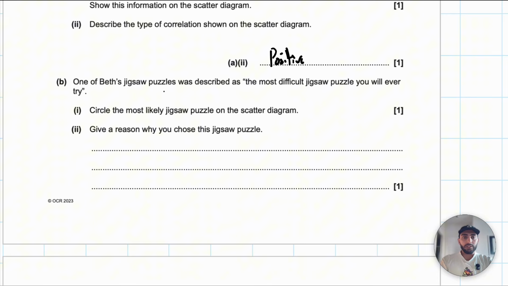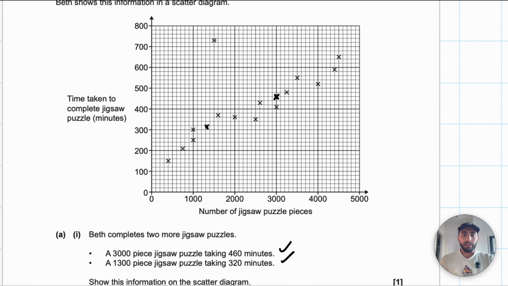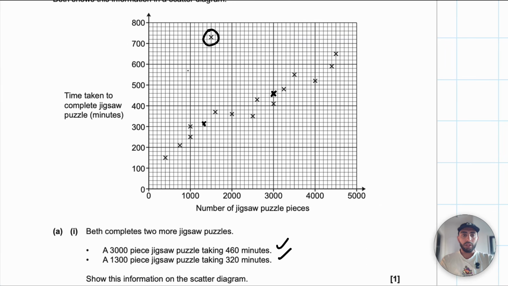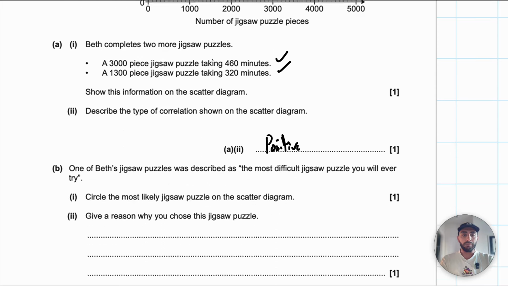Part B. One of Beth's jigsaw puzzles was described as the most difficult jigsaw puzzle you will ever try. Circle the most likely jigsaw puzzle on the scatter diagram. Is there any one of these that's an outlier? It'd be this one here. Give a reason why you chose this jigsaw puzzle. We can see the amount of time that it's taken to do this puzzle compared to other similar puzzles with the same amount of pieces is a lot higher.